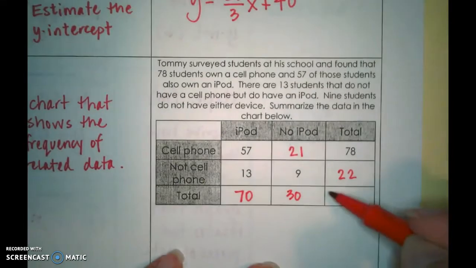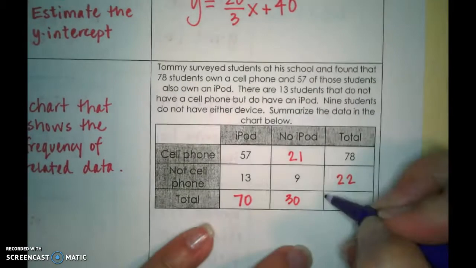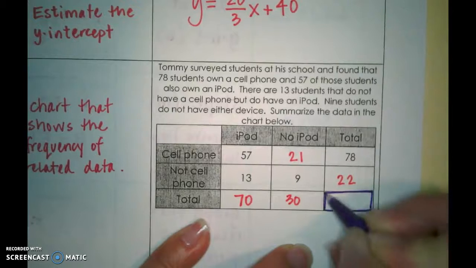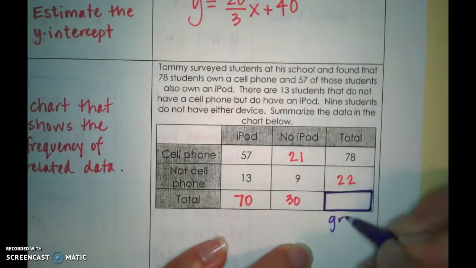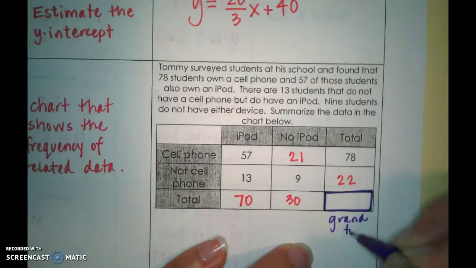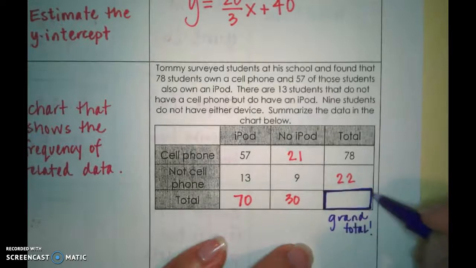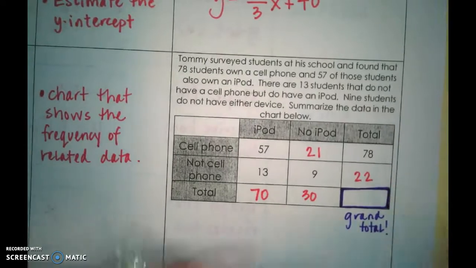So now I'm looking at this box right here, and this box is very special because this box tells us the grand total, how many students were surveyed. It says Tommy surveyed students at his school, but it doesn't tell us how many students he surveyed.